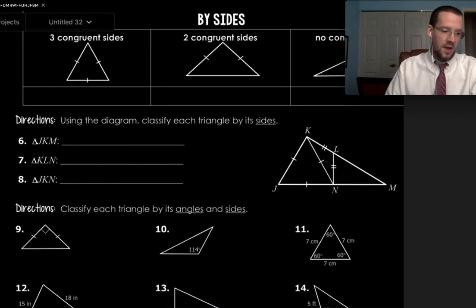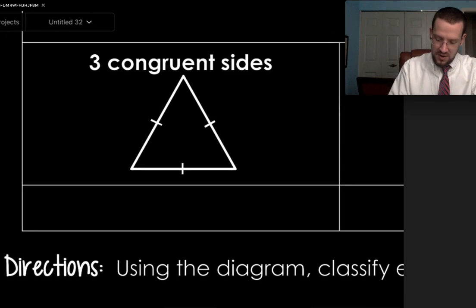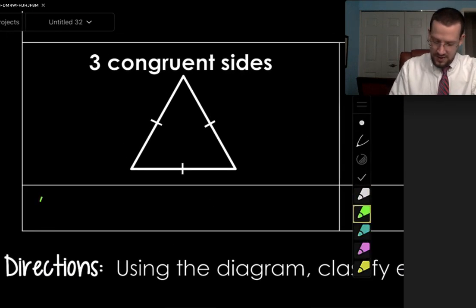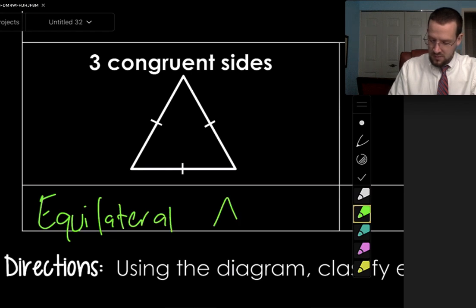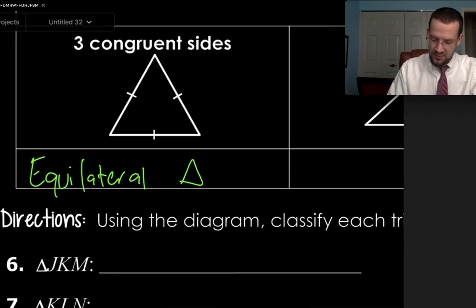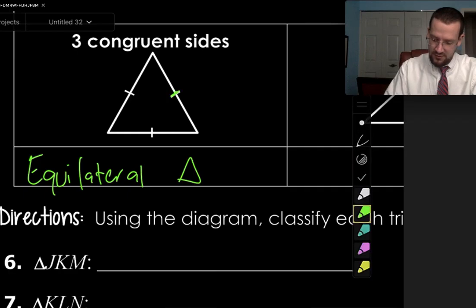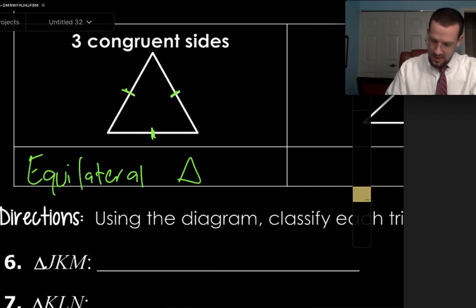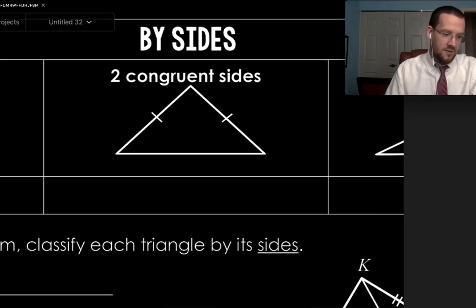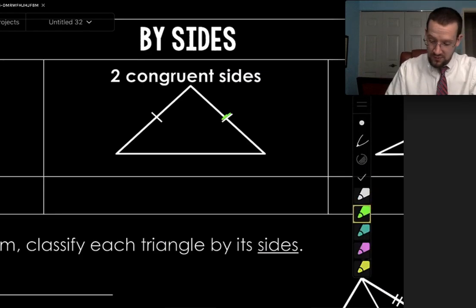And we can also classify these by sides. So when we have three congruent sides, this is going to be an equilateral triangle, right? Those hash marks here, again, are just telling us that these are all the same. And when you have two congruent sides, so this is just 1, 2, this is an isosceles triangle. This is something that you probably are familiar with so far.